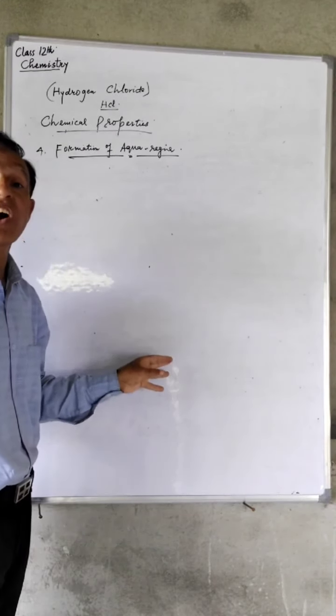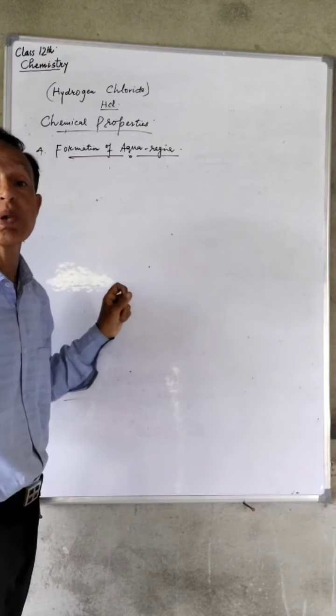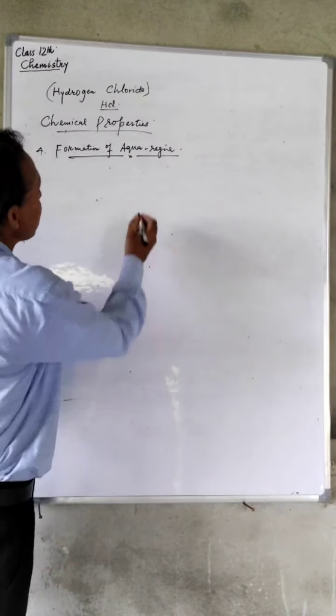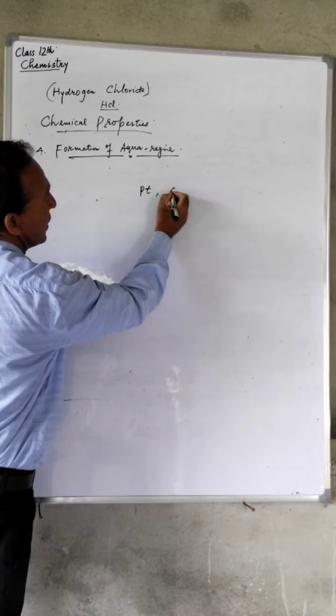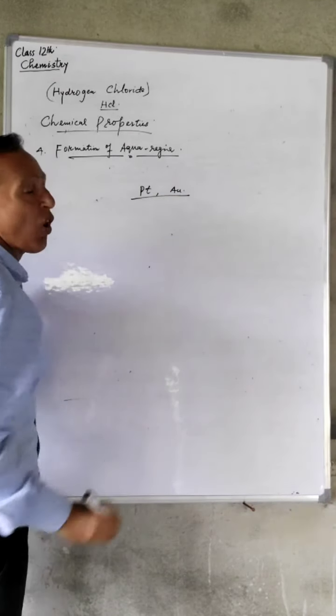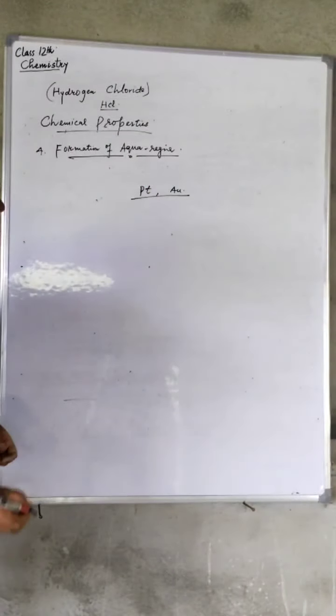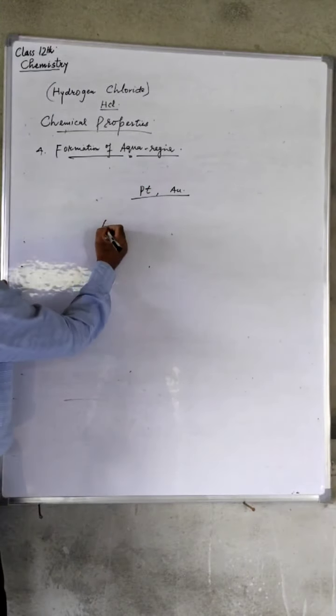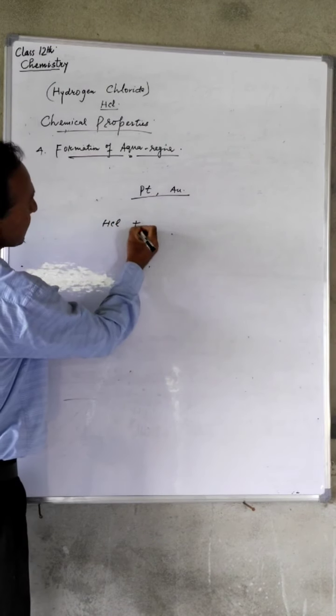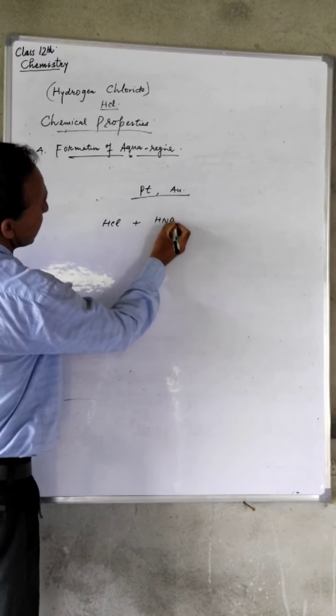This aqua regia even dissolves the noble metals like platinum, like gold, due to the action of nascent chlorine on these metals. Now we will take the reaction HCl plus HNO3. Both are concentrated.